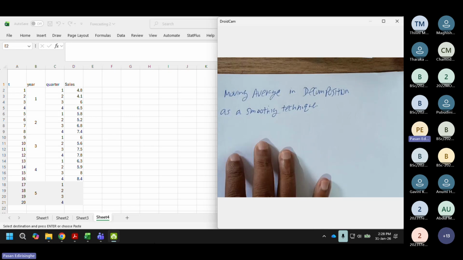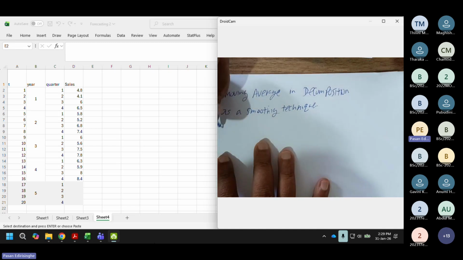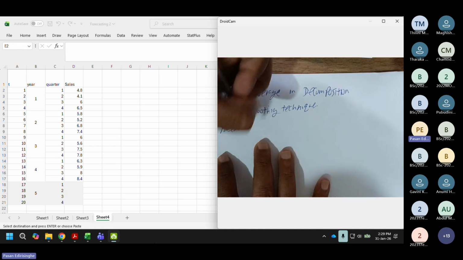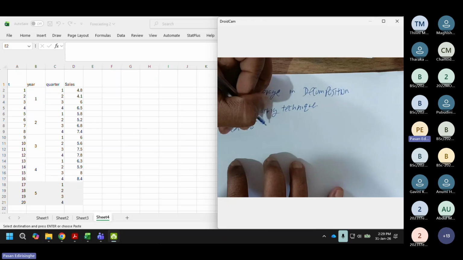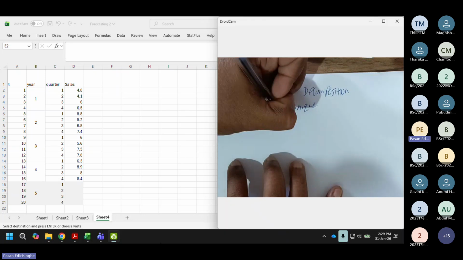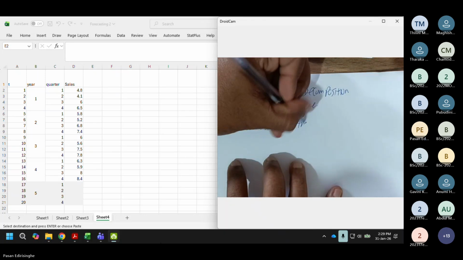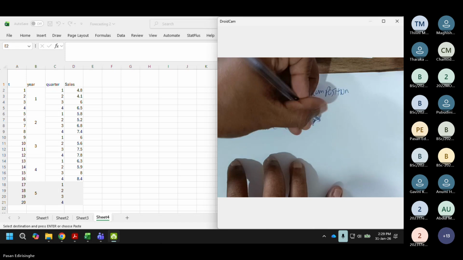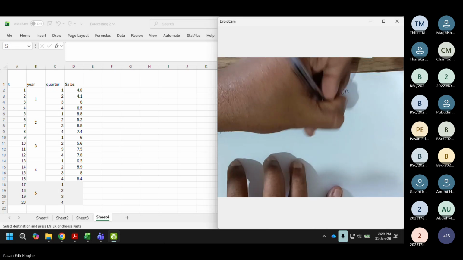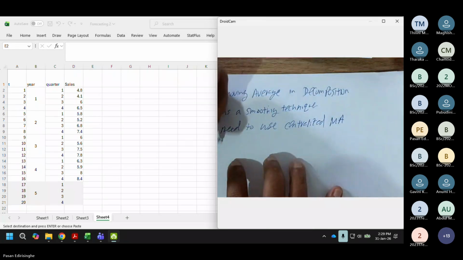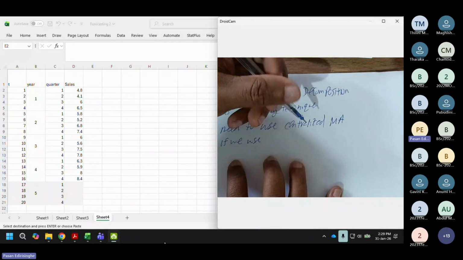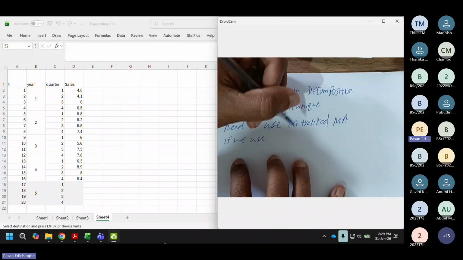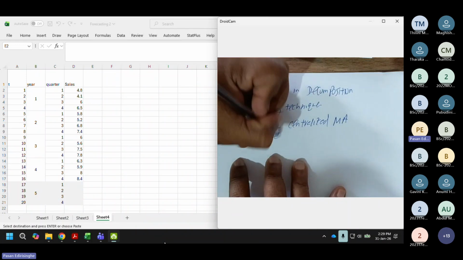We have to be a little careful with the use of even orders, right? So we need to have a centralized technique. We need to use the centralized moving average concept if we use even orders.